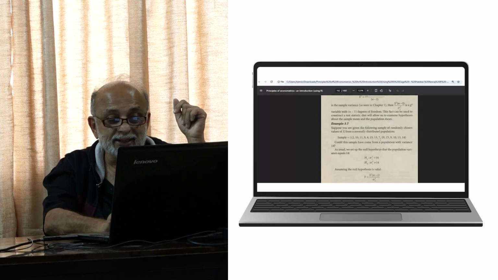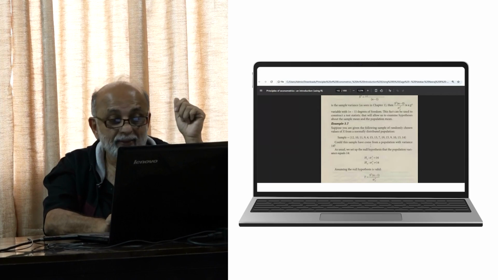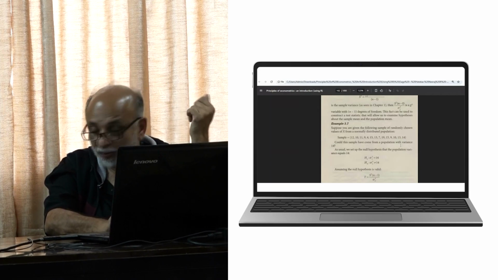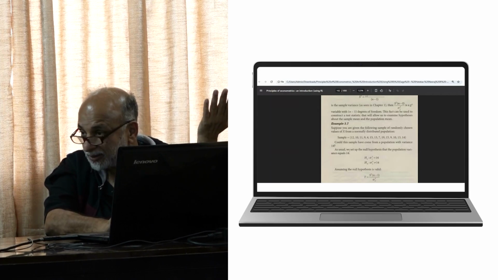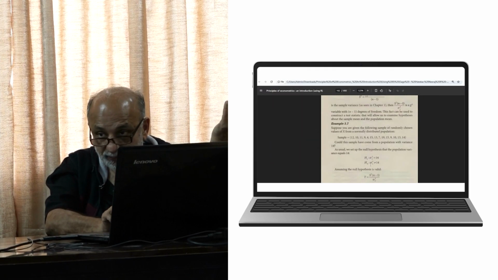So for example, there is a sample 12, 10, 11, 9, 4, 15, 13, 7, 19, 15, 13, 14, etc. Suppose your null hypothesis is: could this have come from a population with variance sigma square x? Null is population variance equals sigma square x. Alternative is population variance is not equal to sigma square x.